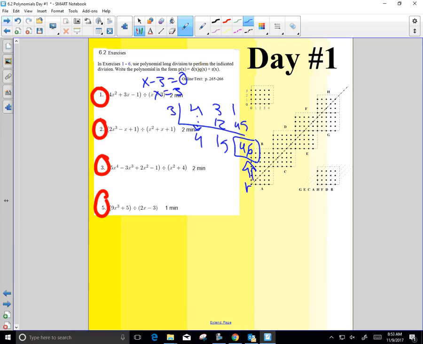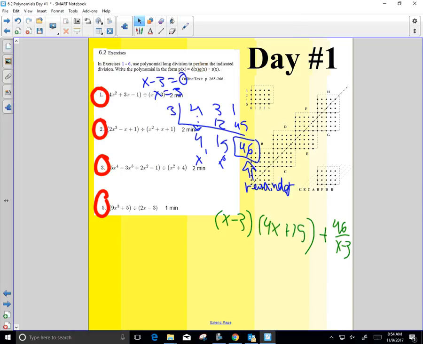That's the remainder, isn't it? So if that's the remainder, you're going to have x to the first, x to the 0. You're going to have x minus 3 times 4x plus 15, and you're going to have a remainder of 46. And it's actually 46 over x minus 3. Boom, boom, perfect. And have those 7 done for Monday.